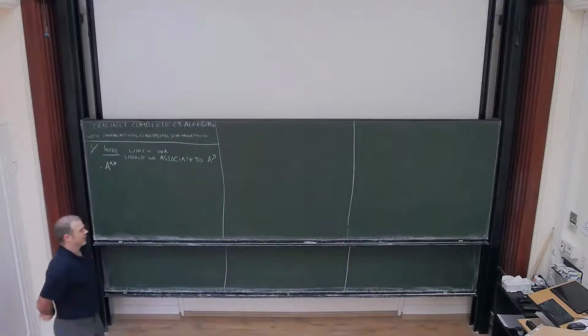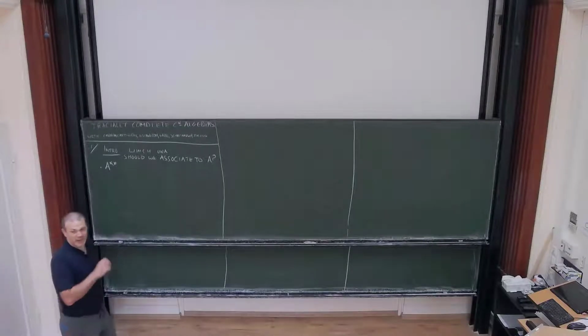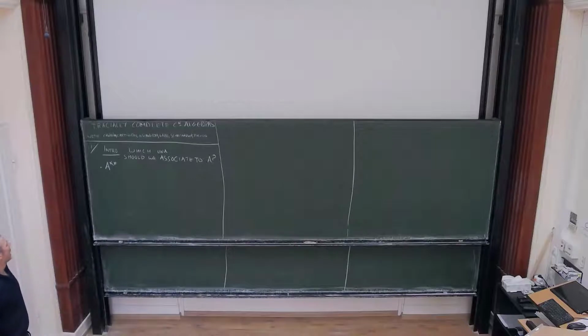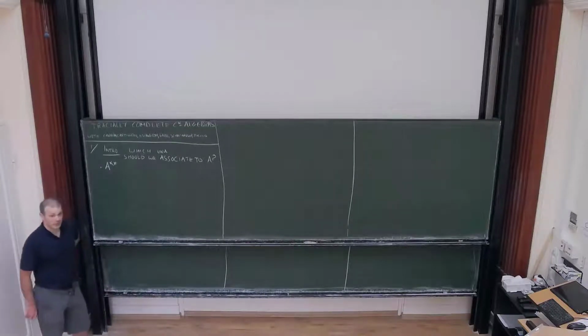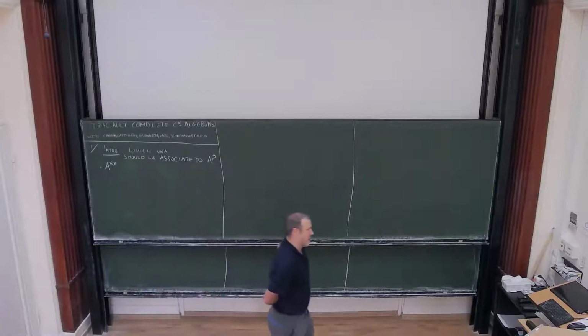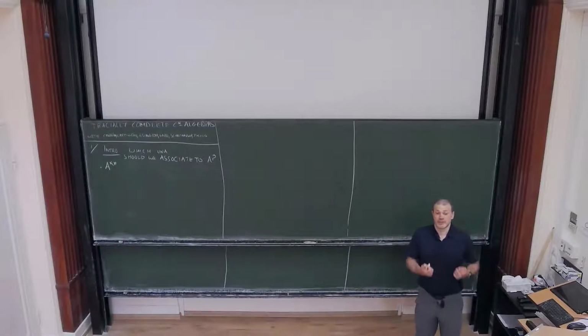And that little sketch argument sits behind this talk, but I'm not going to subject you to the details that appeared in that sentence. I'm mainly going to be interested in the situation where A has got lots of traces, so maybe it has a unique trace, maybe it has many traces, but certainly positive elements can be seen through the traces.